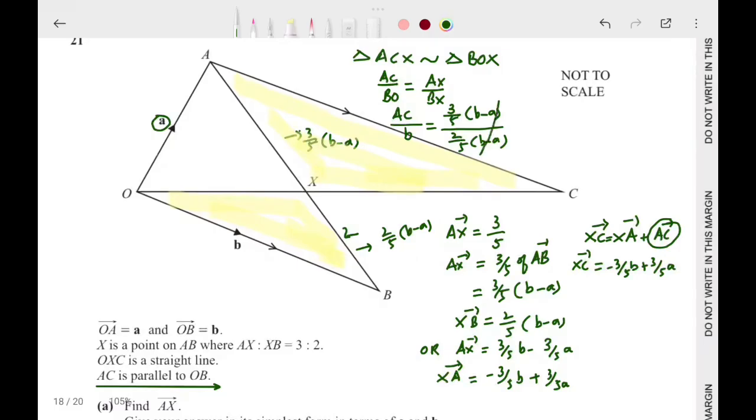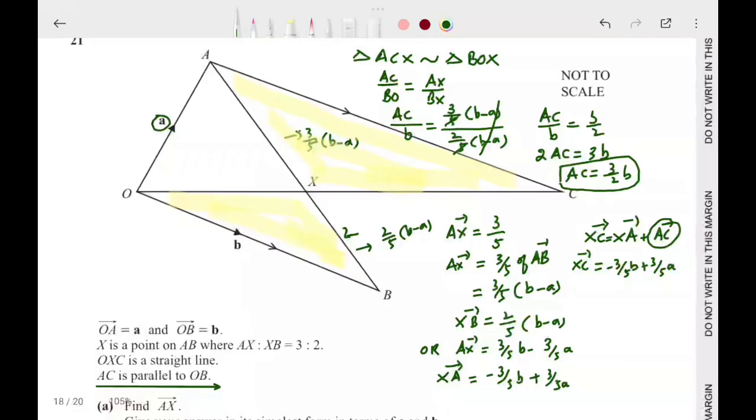So 5 would be cancelled with 5. Now AC over b is equal to 3 over 2. Now cross multiply, 2AC is equal to 3b and AC is equal to 3 by 2 b. So this is the value of AC.